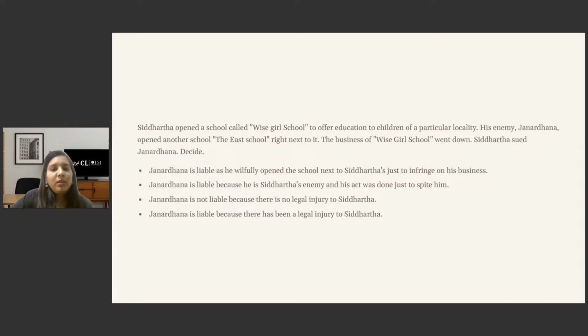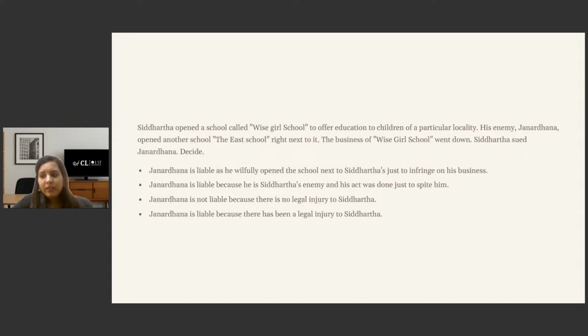Siddhartha opened a school called Weisskal School to offer education to children of a particular locality. His enemy Janardhana opened another school, the East School, right next to it. The business of Weisskal School Siddhartha suffered. Decide on Janardhana's liability.